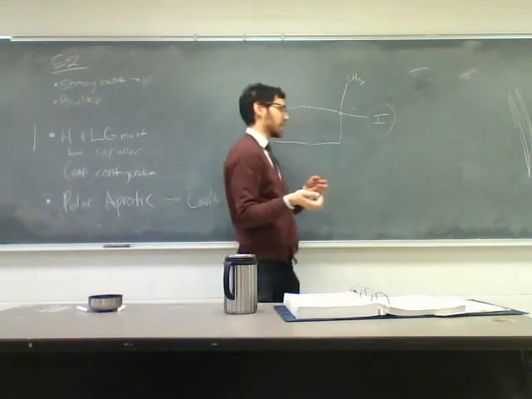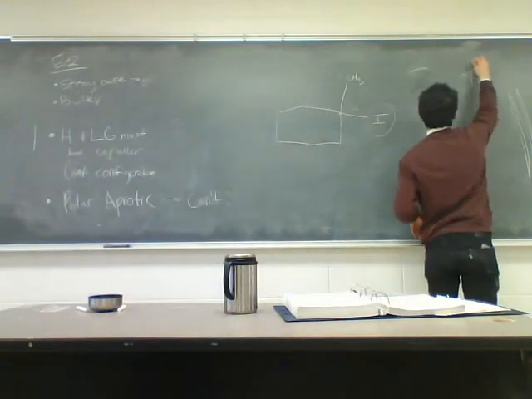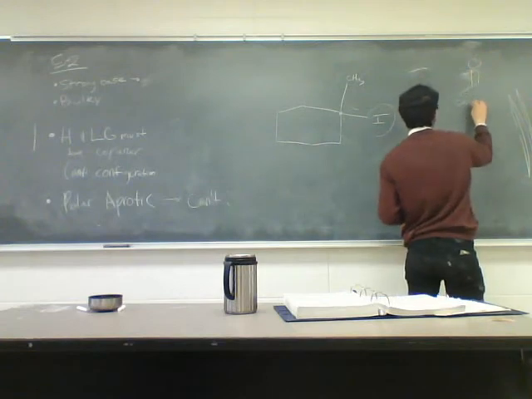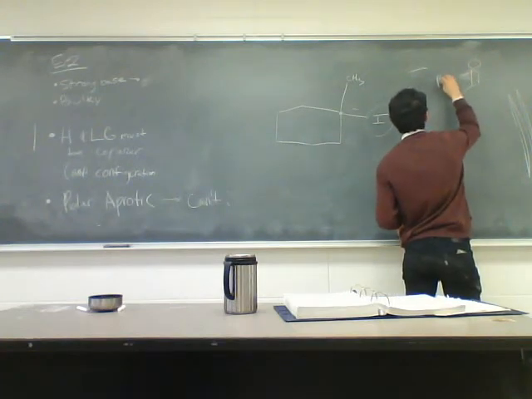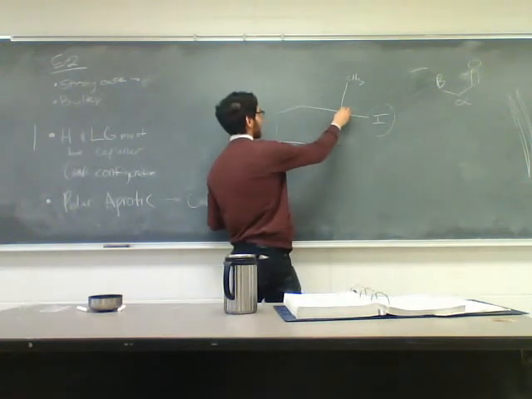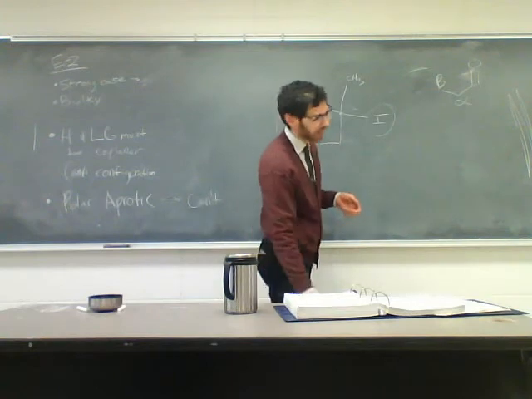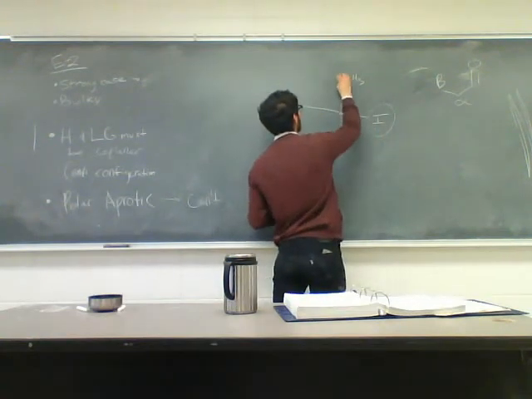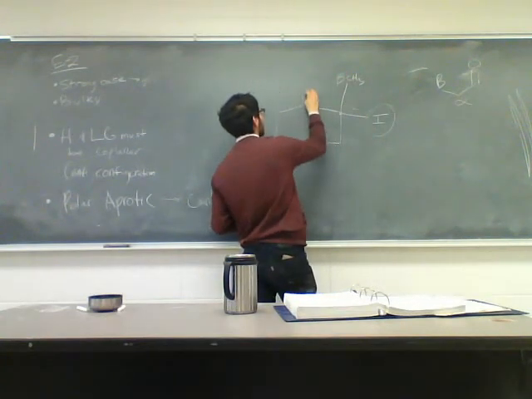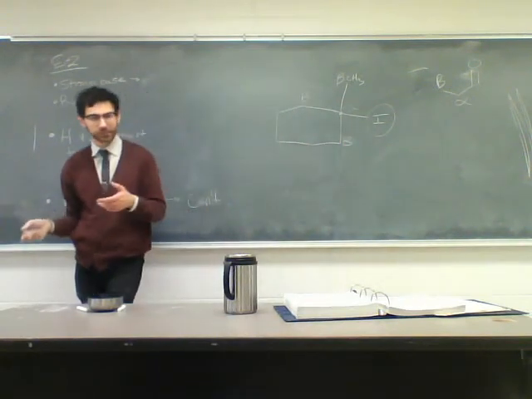We use this sometimes also with carbonyls, as we'll see later, where we have alpha and beta positions. So in this case, this guy is an alpha position, and everything next to it, this is a beta carbon, this is a beta carbon, and this is a beta carbon.